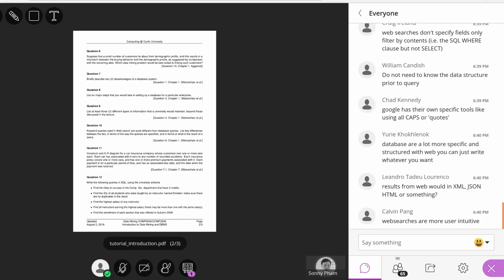Whereas if you have a database and you are looking for an attribute value, for example Curtin, and you misspell it, it won't give you anything, right? That is for sure. A database is very specific. It has to be exactly matched. I haven't heard of any database that is smart in the sense that it accepts misspellings of the values, right?